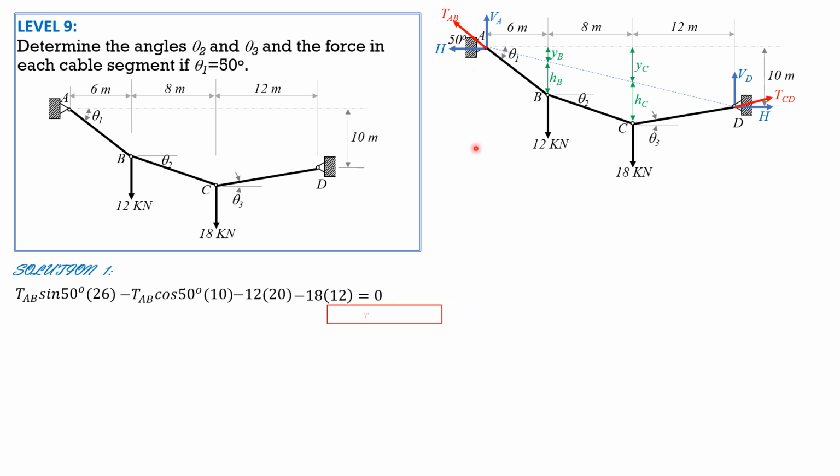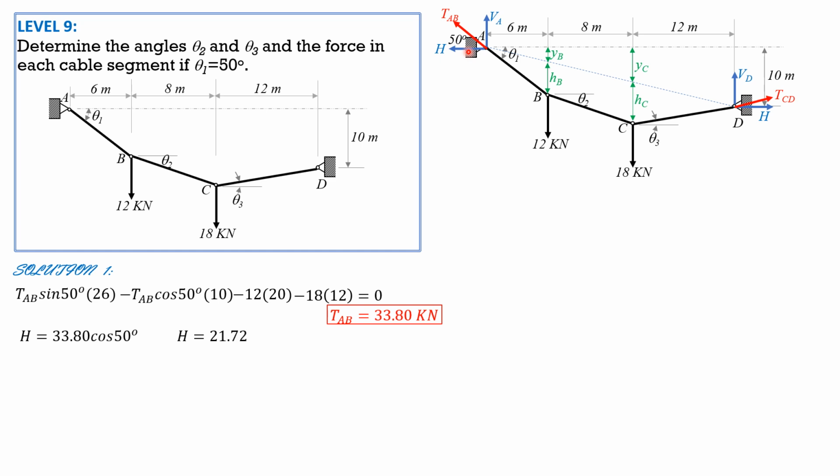So tension AB is equal to 33.8 kilonewtons. Having found tension AB, we can compute V sub A and H, and we can also compute this vertical distance. So H is tension AB cosine of 50 degrees.